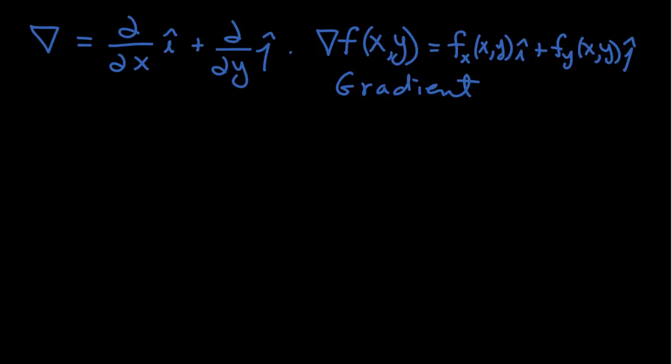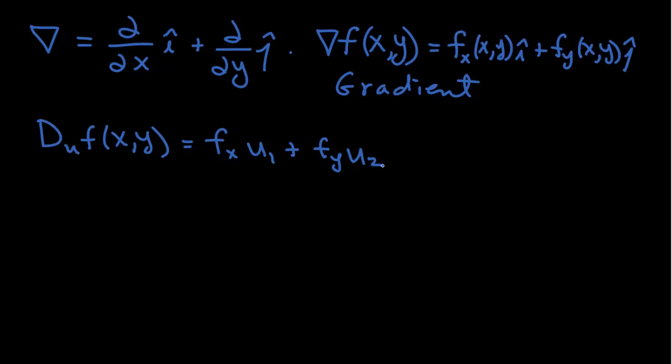Now, when you see this, we said that the directional derivative is equal to this. The directional derivative, recall, is equal to, and let me just do some shorthand. Didn't we say that that was what the directional derivative was? We said that. Now, what if I take this thing, the gradient?